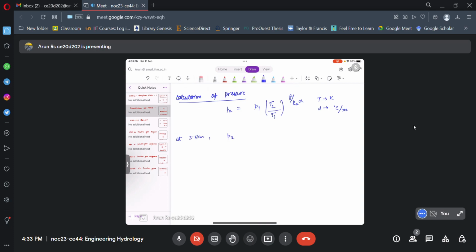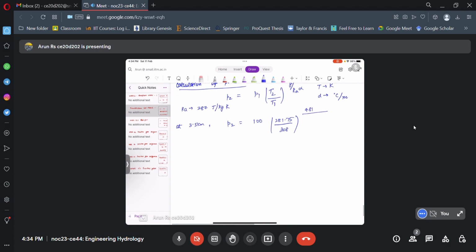That is P2 is equal to pressure at the ground level, 100, into temperature at the second level, 281.75, divided by 308 Kelvin, raised to the power g, which is 9.81, divided by Ra, the gas constant for dry air, which has a value of 287 joule per kg Kelvin, into 7.5 divided by 1000.